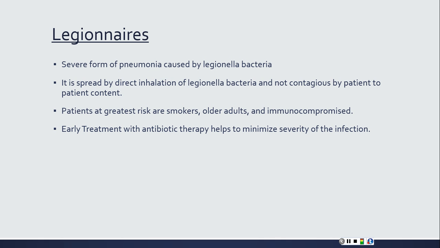Patients that are at greatest risk are going to be smokers, older adults, and the immunocompromised. That's why the whole nursing home, yeah, it went through it like crazy. Early treatment with antibiotic therapy helps to minimize the severity of the infection. Again, this is a severe form of pneumonia. You're going to have the same manifestations. They're just going to be a little bit more severe.